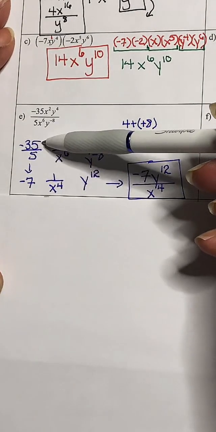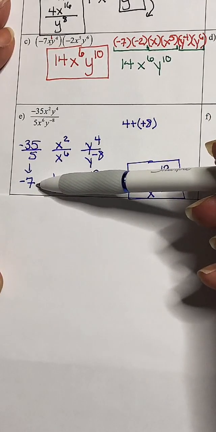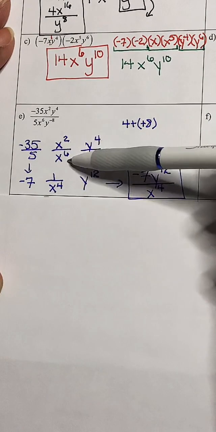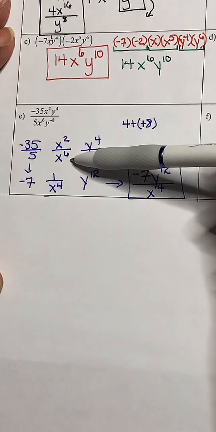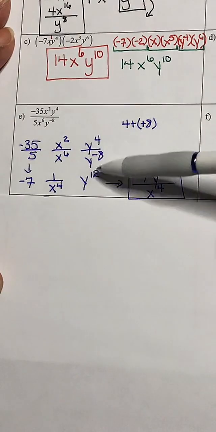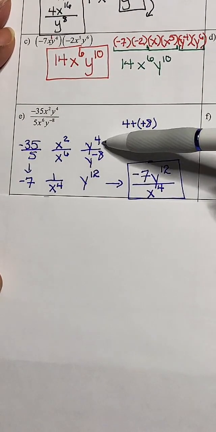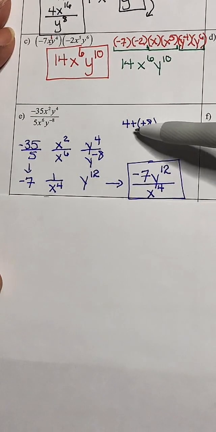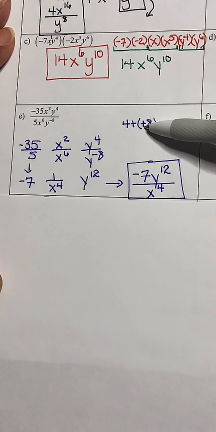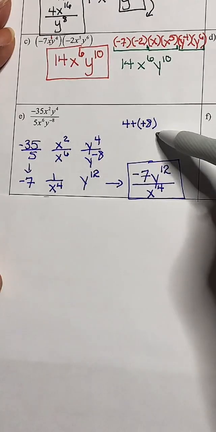So negative 35 divided by 5, that gives me my negative 7. So when you're dividing and you have the same base, you're actually subtracting the exponents. Oh, you're talking about the y's? Okay, got you. Thank you. So we have 4 minus a negative 8. When you're minusing a negative 8, it's the same as saying 4 plus 8.